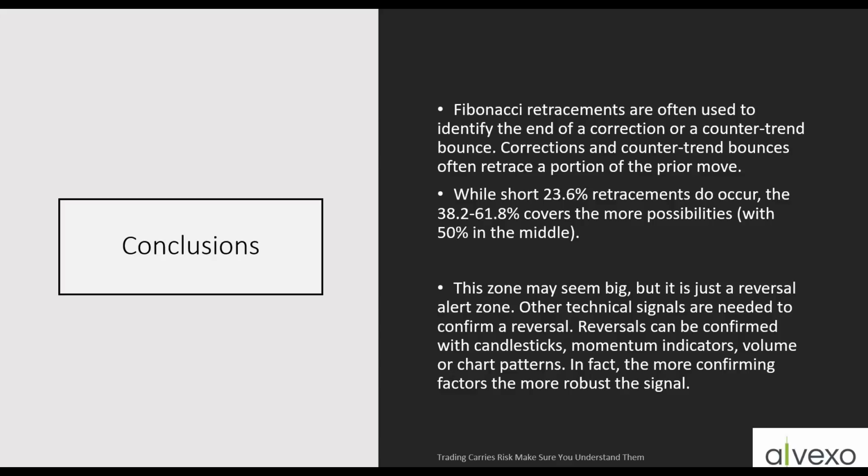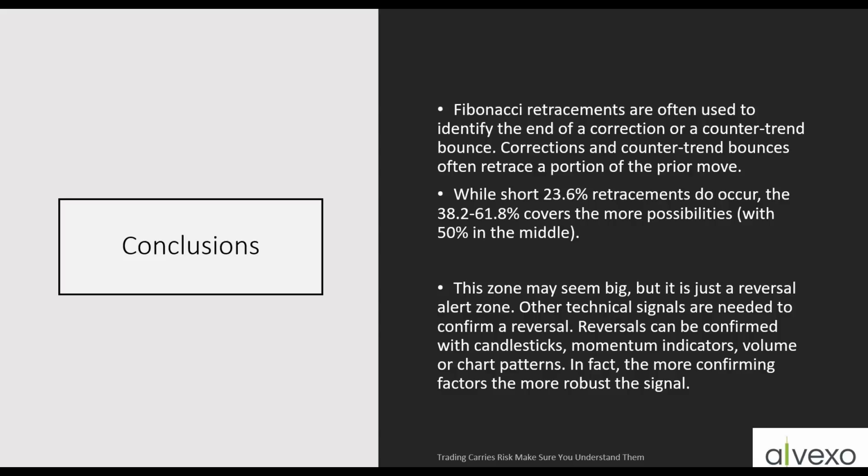Fibonacci retracements are often used to identify the end of a correction or a counter trend bounce. Corrections and counter trend bounces often retrace a portion of the prior move. While short 23.6 retracements do occur, the 38.2 and 61.8 levels cover more possibilities with the 50% inside.